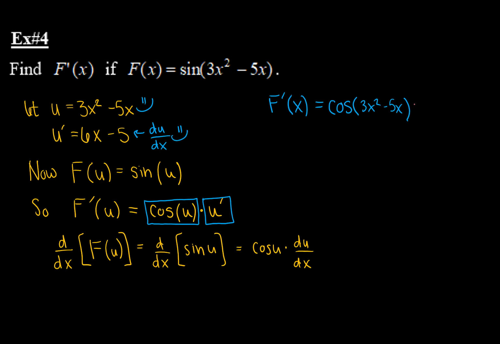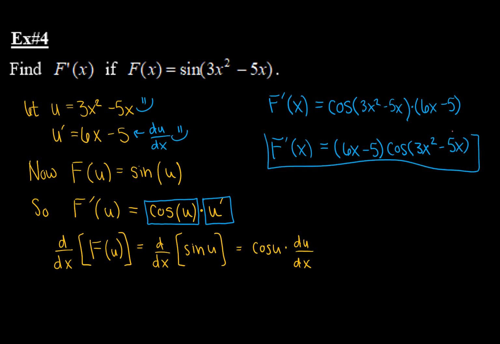So this is going to be times, and it's a binomial, so I'm going to put it in a set of parentheses, 6x minus 5. Now I can't simplify that anymore, although sometimes you'll notice that the answer key will often have the trig functions after the other types of functions, but honestly, that's not required.